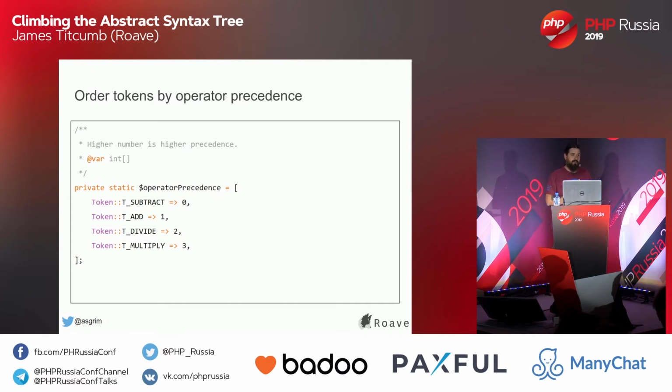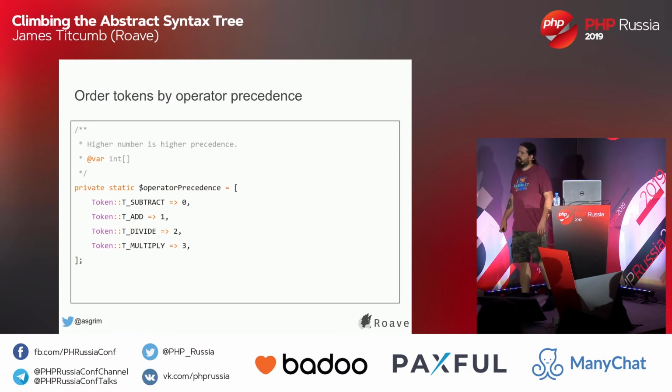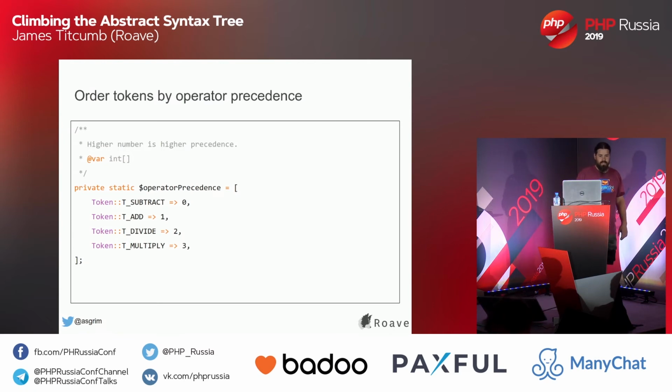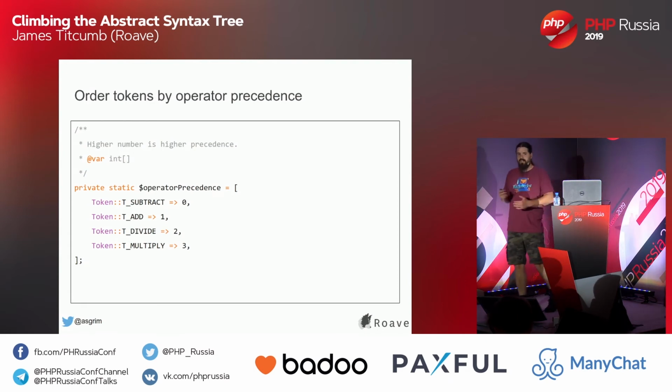In this case, multiply has the highest operator precedence, so we give it the highest number, and subtract is the lowest. We could, of course, do this in the wrong order, and we'd get different results. If you do that sum from earlier, 1 plus 2 times 3, you're going to get different results if you change that order of precedence.